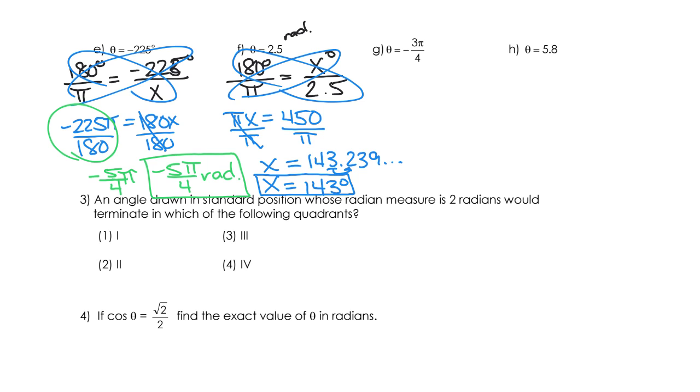Okay. Next one up, you guys can see there's no degree symbol, and so we're going to assume that this is in radians. And so we have 180 degrees over pi radians equal to x amount of degrees over negative 3 pi over 4 radians. Okay.